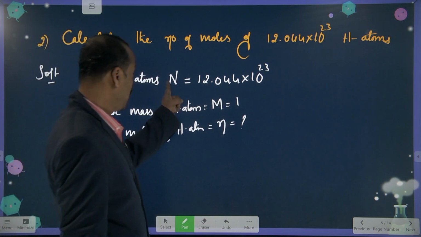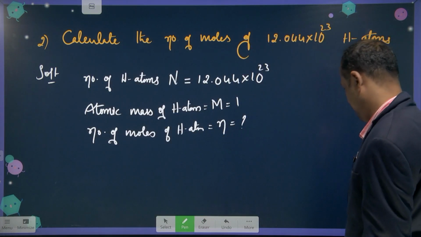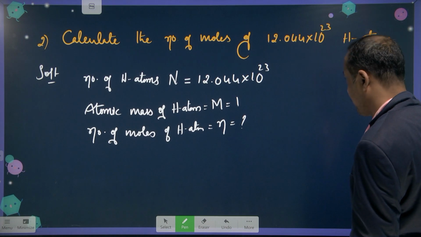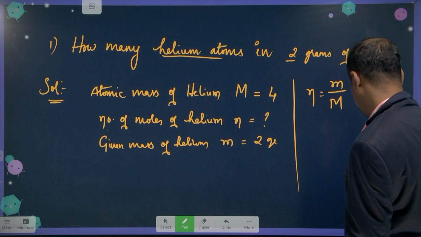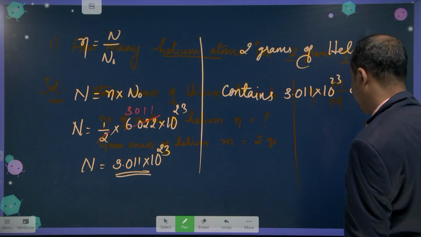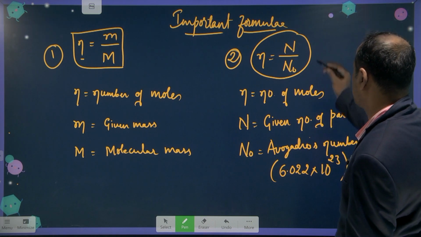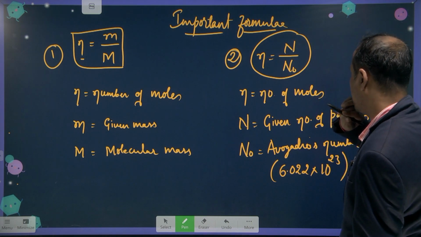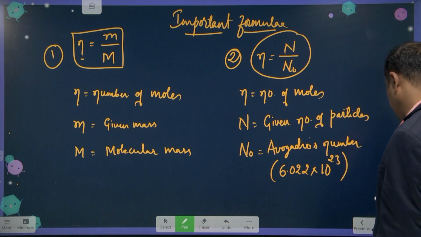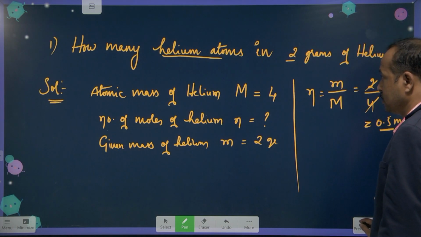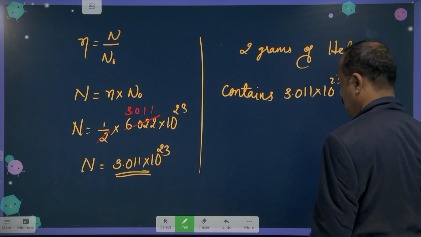Now n, N, M are present in which formula? Small n is equal to capital N by N naught. Second one is what? Small n is equal to capital N by N naught. Yeah, otherwise this is better. Okay, you write this formula, n is equal to capital N by N naught. So what is the problem?